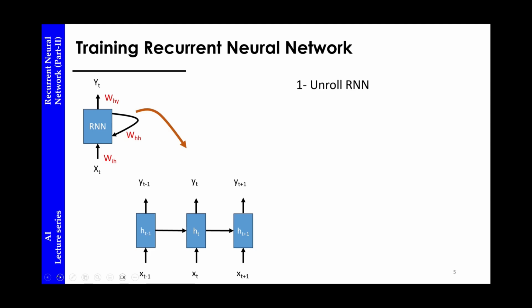The first step is just whatever we were doing for fully connected neural networks, we should do it here. Therefore, the first step is unrolling the recurrent neural network. Here is a closed form of the recurrent neural network. We have three weights, sorry.